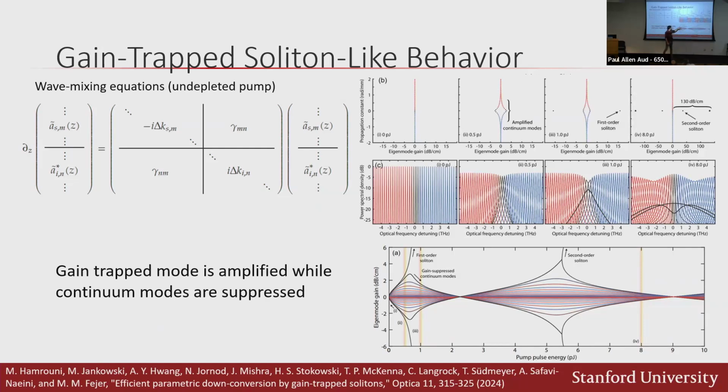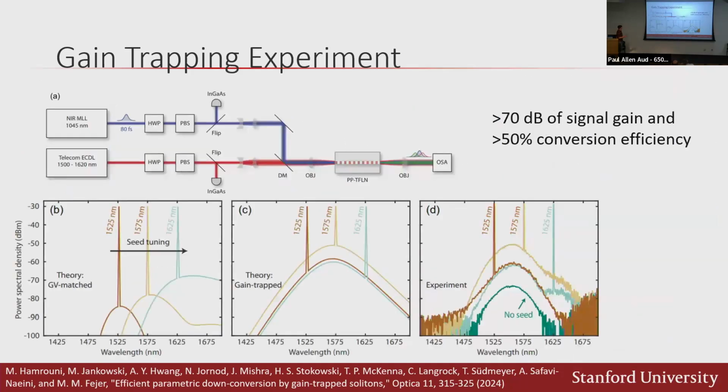And we can plot the gain of each of these different modes. What we see is that this broadband mode gets amplified, whereas all these continuum modes, all these discrete CW lines, actually get suppressed. That's really cool because it means we get qualitatively different behavior than a normal OPA.